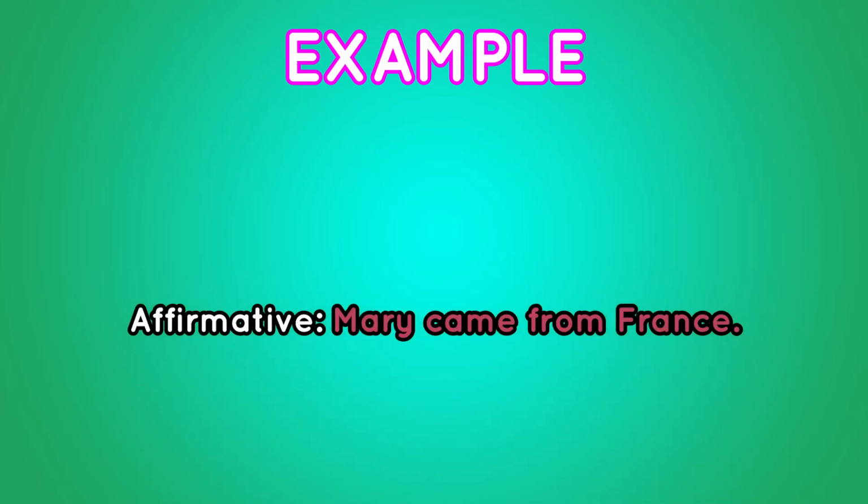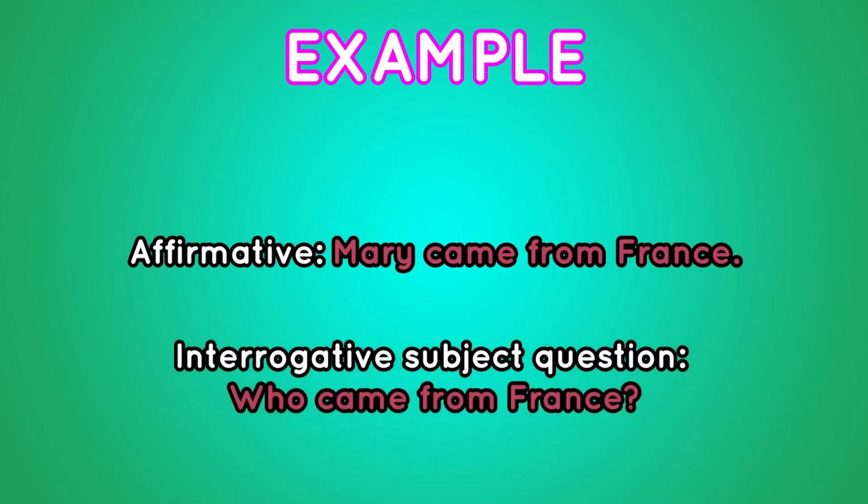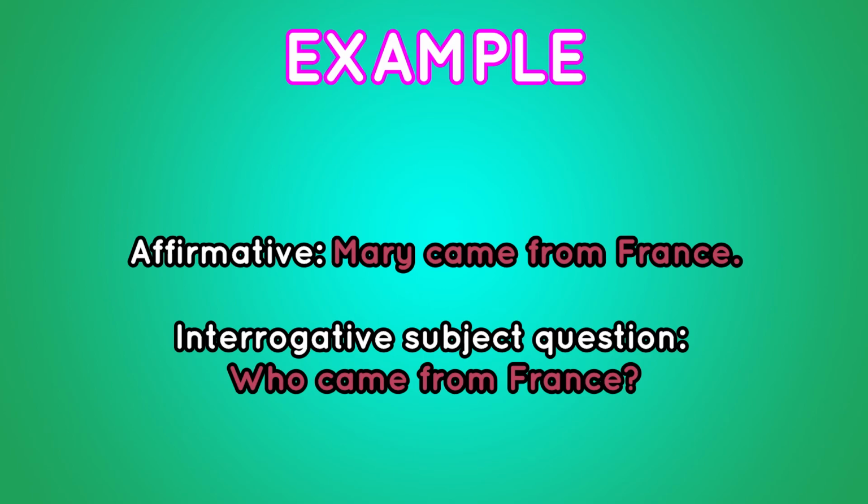Check this example. In the affirmative form, we have the sentence, Mary came from France. And in the interrogative subject question we have who came from France. In this case we are asking for the subject. That's why it is called subject question, because the WH word takes the place of the subject in the question.